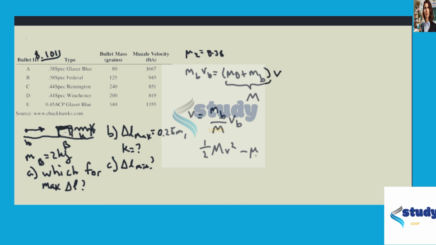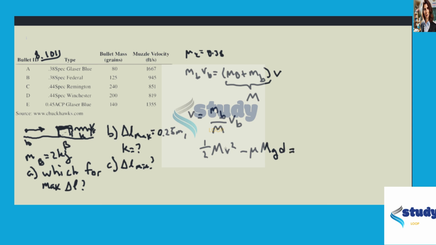So the force of friction, which is going to be doing negative work, is going to be the coefficient of friction times the normal force, which is the combined mass times gravity. And this will be multiplied by the distance it travels, because work is force times distance.